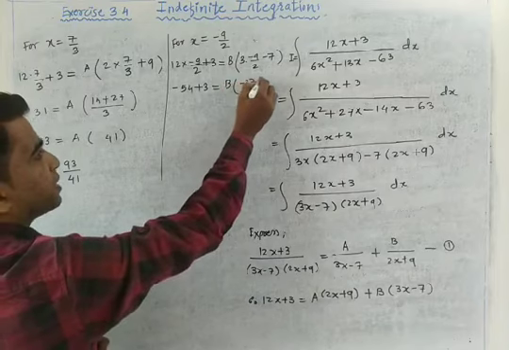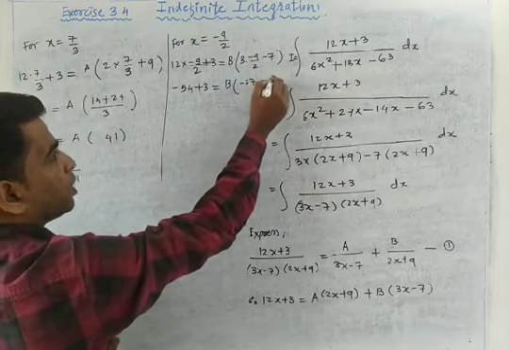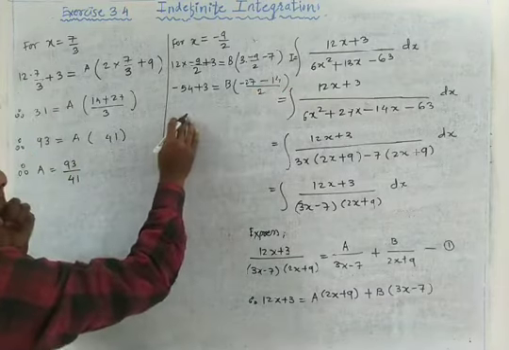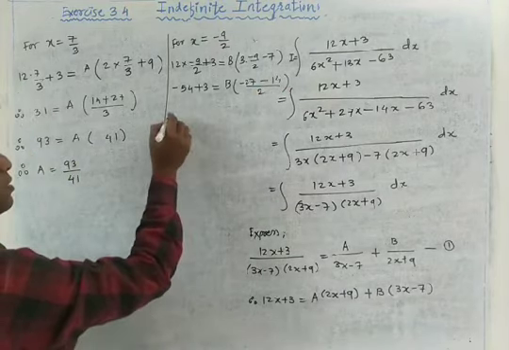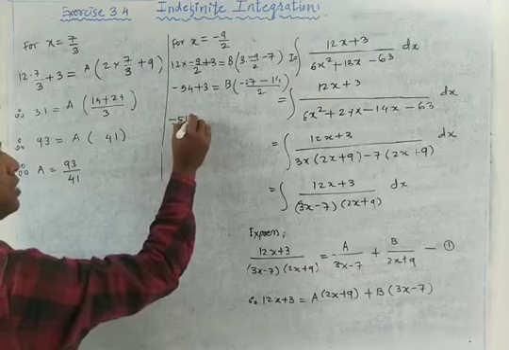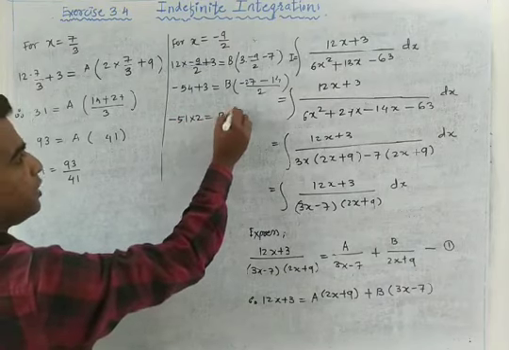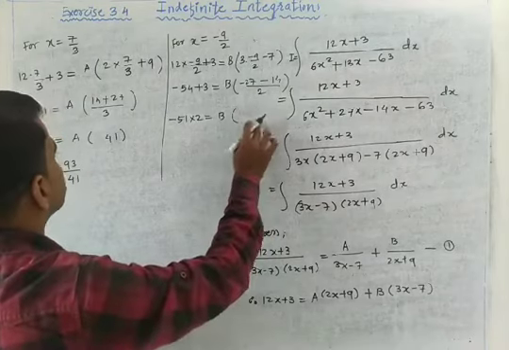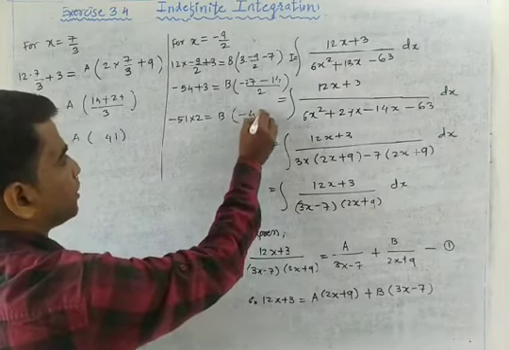So −27 − 7, make a common denominator, so −27 − 14 over 2. So here we will get −54 + 3 is −51, times 2, is equal to B(−27 − 14). So −27 − 14 is again −41.